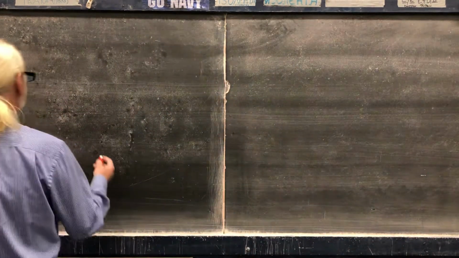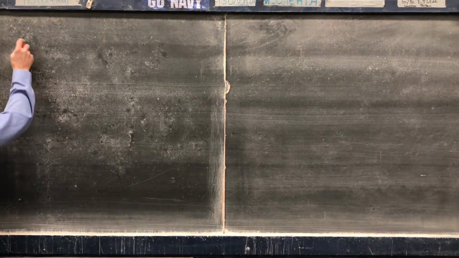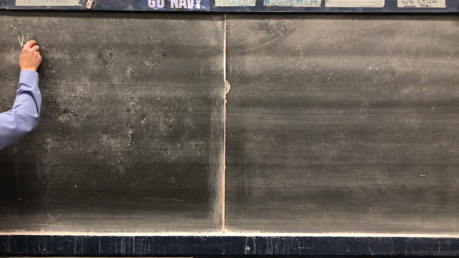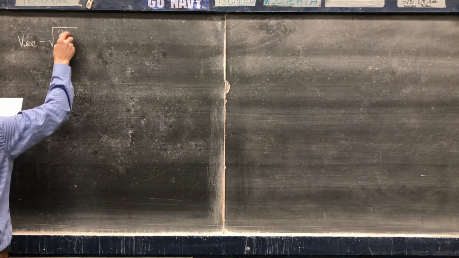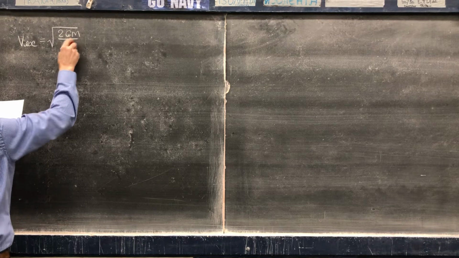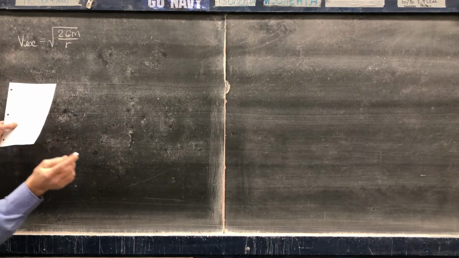So our formula, V escape equals the square root of 2GM over r. Now we're just going to plug in our values.